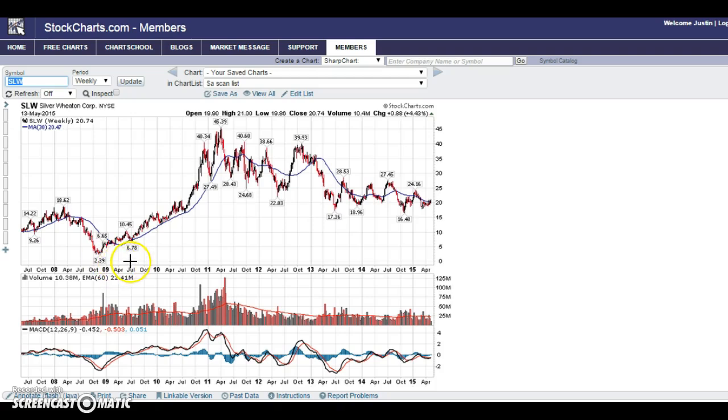If you look at what Silver Wheaton really did, it went into a stage 4 decline back then, started bottoming out and basing in late 2008, and then it continued to base and actually started rallying a little bit on an increase in volume. You can see down here, and it got back up to its 30-week moving average.